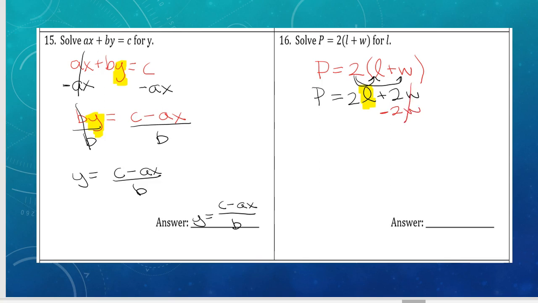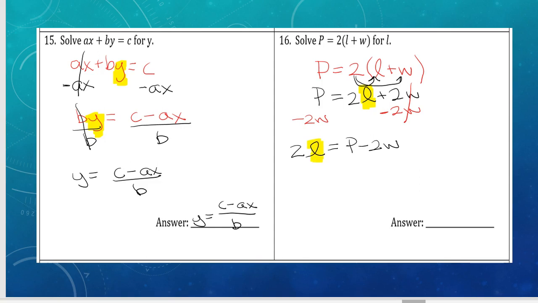So a plus 2W moves with a minus 2W. Whatever I do to one side, I need to make sure I do to the other. I'm going to put 2L on the left right now because I prefer eventually to have what I'm solving for on the left. And 2L equals P minus 2W.